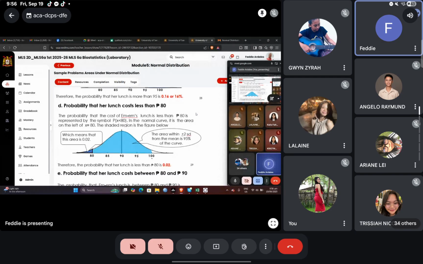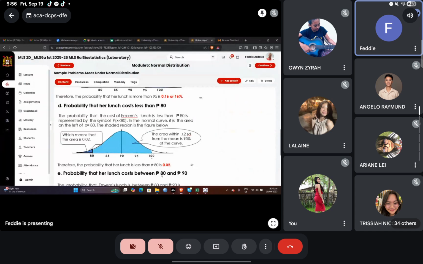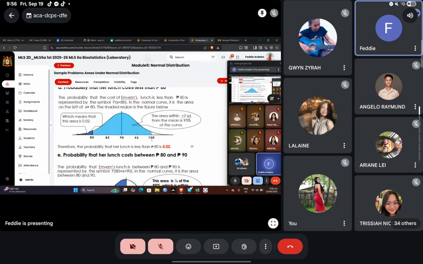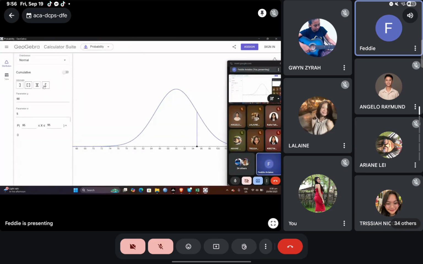Okay, so let's try to plot this using our GeoGebra. Oh, sorry, cost less than 80. Change your interval, so change this one to less than 80.